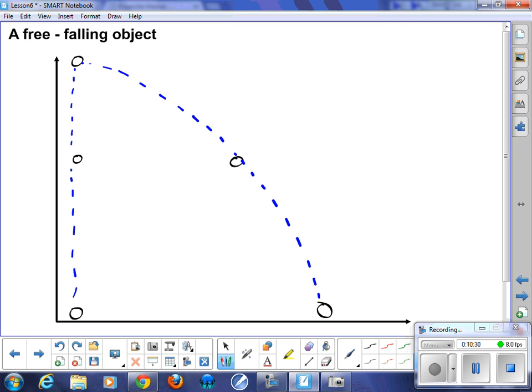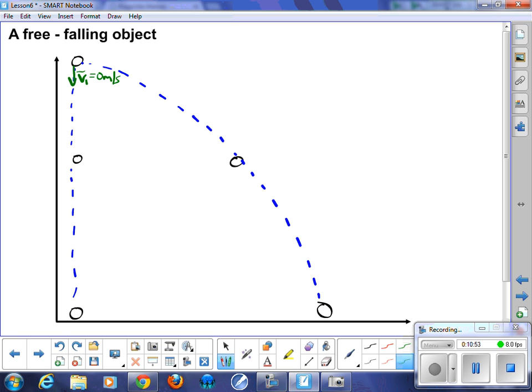Then when we do an analysis here, if you just drop the object, V1 would be 0 in the horizontal, and we're going to look at both cases here. So if it's dropped, V1 equals 0 meters per second.